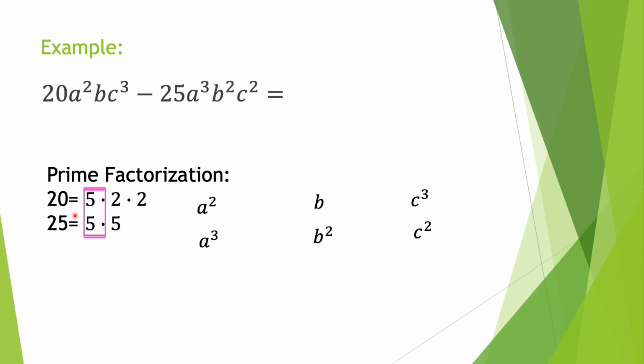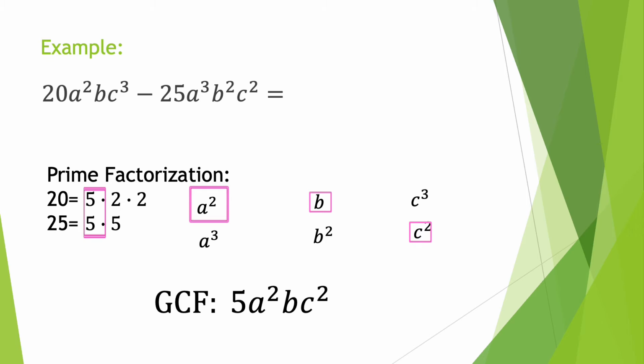Okay? So, dito sa ating numerical factor, ang GCF natin dyan is 5. Dito naman, sa ating variable with their exponents, kuhanin natin yung may pinakamababang exponent in each variable. So, sa a squared, a cubed, that is a squared. Then, we have b, then c squared. Then, ang GCF natin, pagsama-samahin lang natin kung ano yung nakuha natin. So, that is 5, a squared, b, c squared.